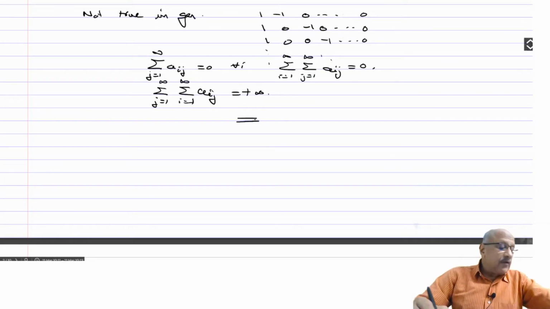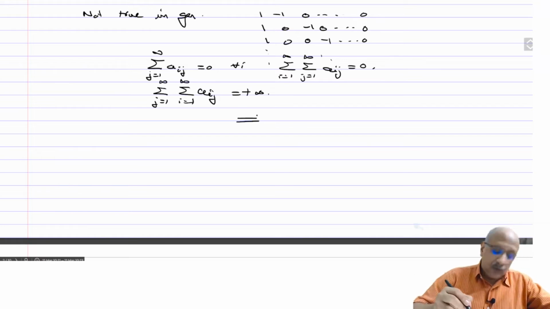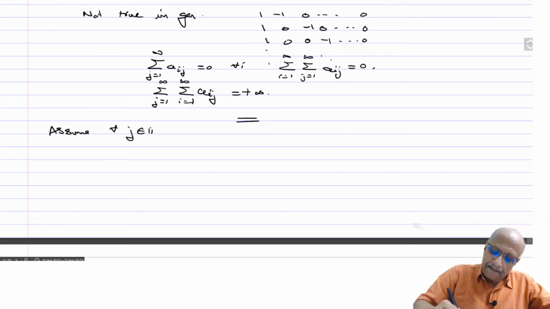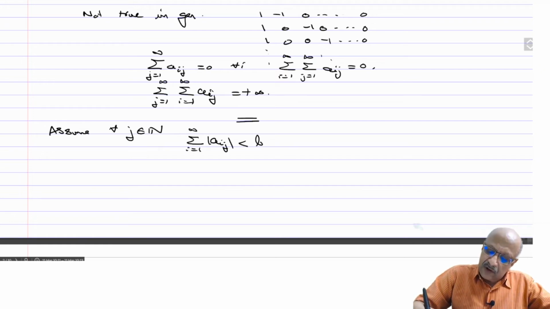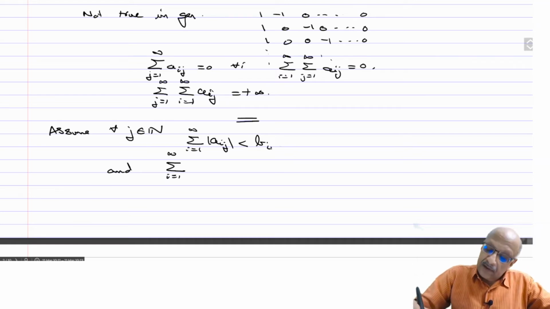So we are now going to give you a sufficient condition under which the result is in fact true. Let us assume that for each j in N, the sum over i from 1 to infinity of mod a_ij is convergent and is less than or equal to b_j, and the sum over j from 1 to infinity of b_j is also finite.